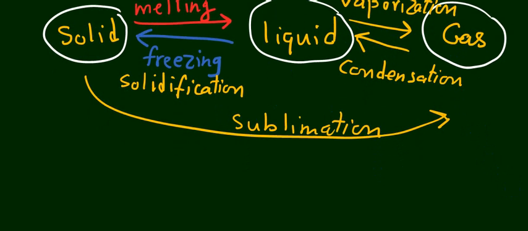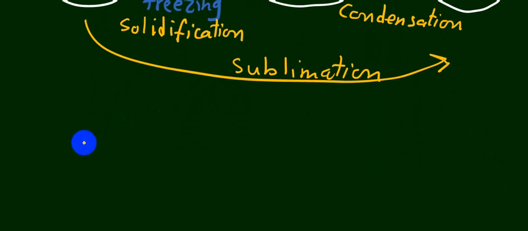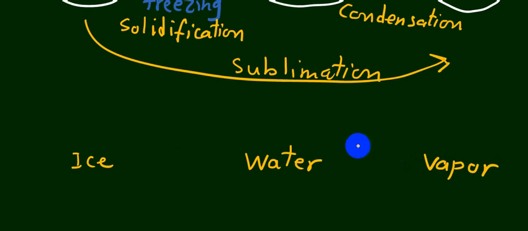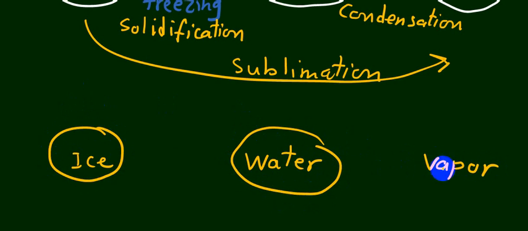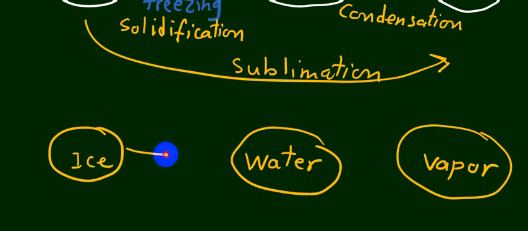For example, ice is a solid and the liquid is water. The gas state is water vapor, or steam. Changing of ice into water takes place at 0 degrees Celsius.